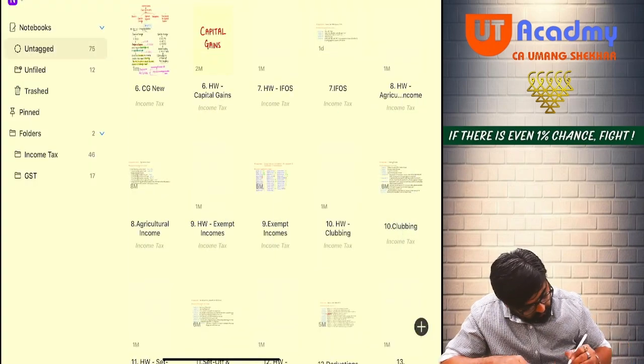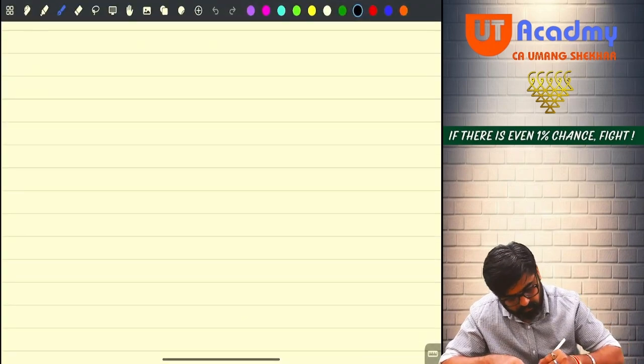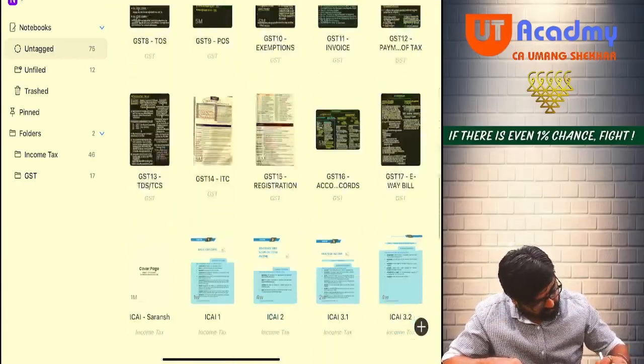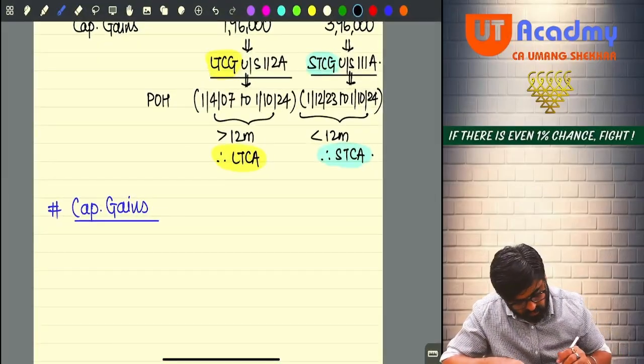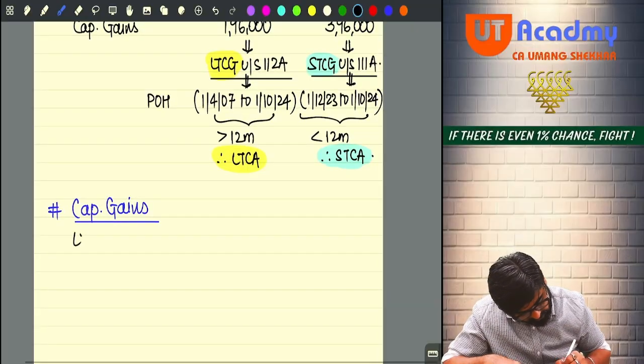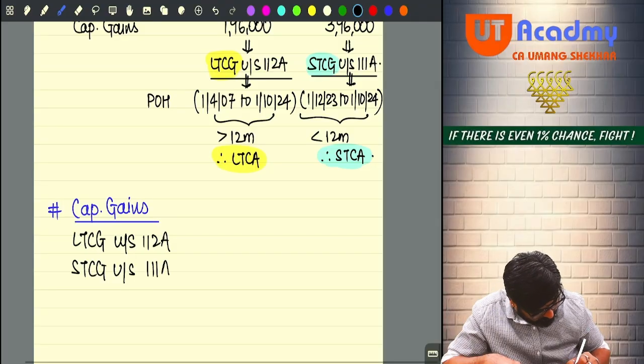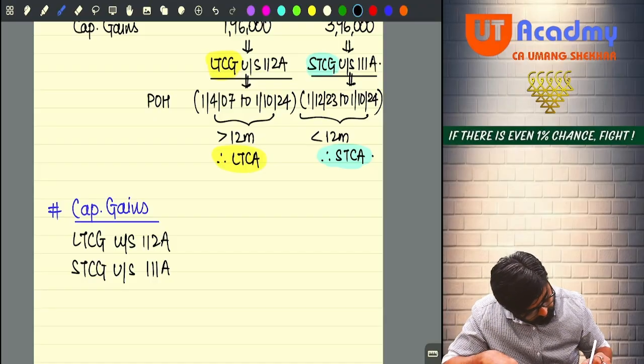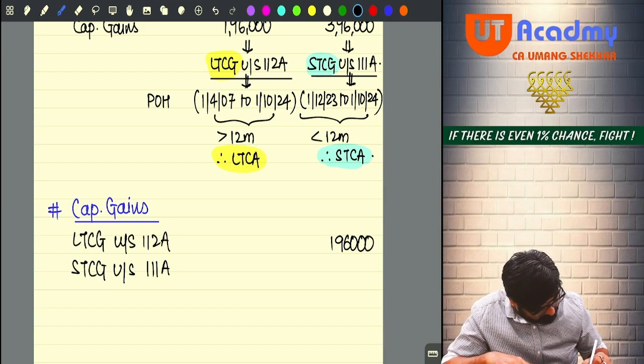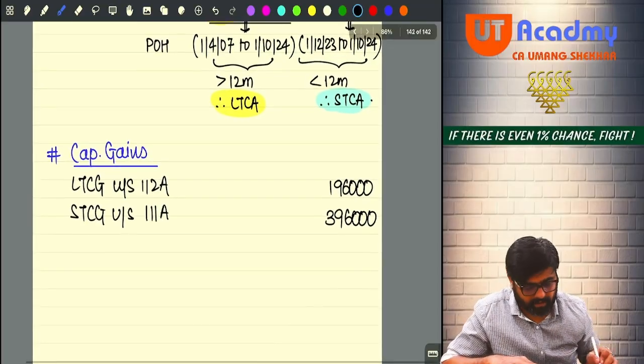One is my LTCG under section 112A and another is STCG under section 111A. LTCG was 1,96,000 and STCG is 3,96,000. This will be my capital gain income.